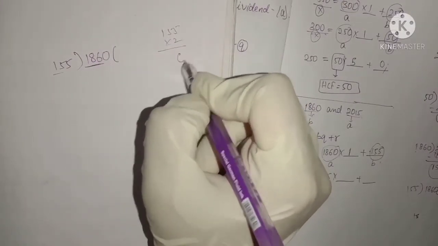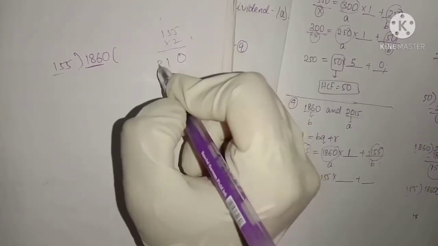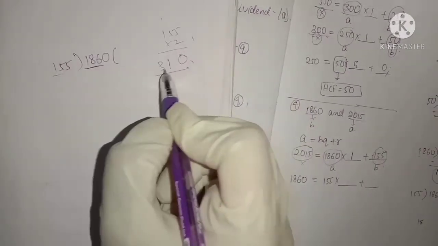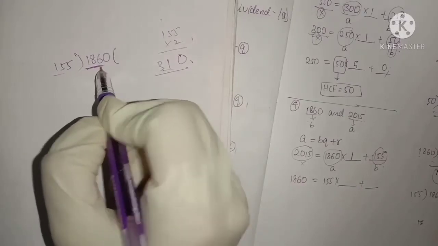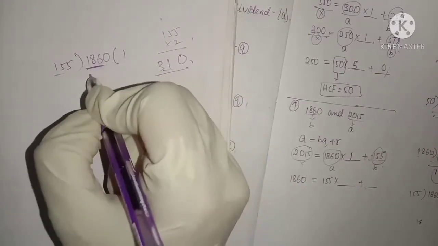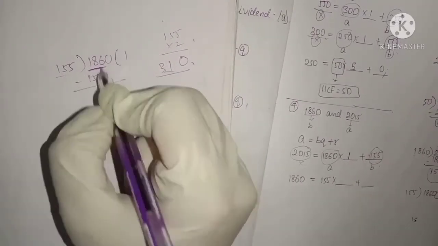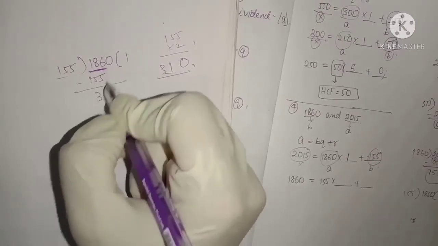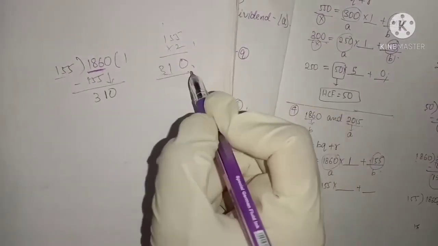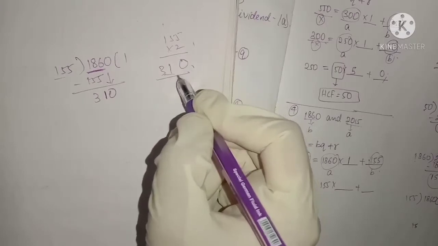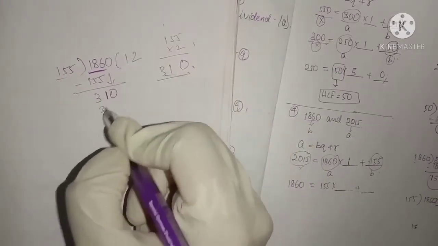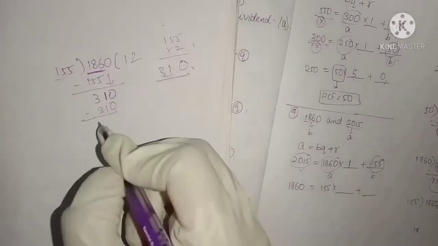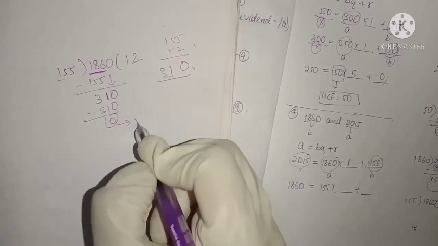So it is 10, 310. So this number is greater when compared to these three digits. So let us take 155 once, that is 155, and we get 1, 310. We already know that 155 times 2 is 310. So again we can just multiply it with 2 and the remainder here is 0.